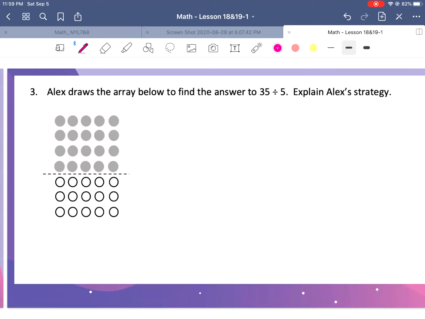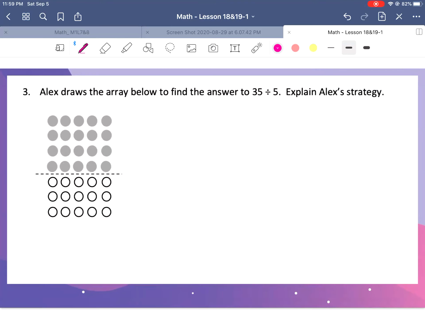Okay, so we're going to do one last activity. This is also a division question using array and splitting and distributing strategy. So Alex draws the array below to find the answer to 35 divided by 5. Explain Alex's strategy.